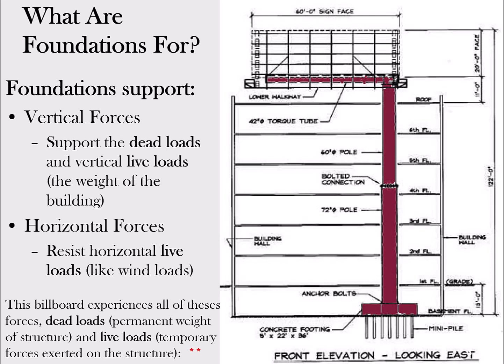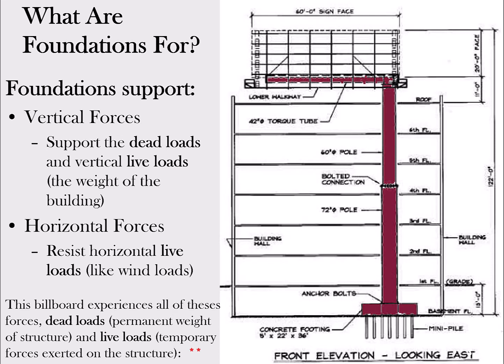So dead loads are the original material, anything that's attached to the building or the structure. That's a dead load. A live load would be, well, us, if we're up on top of that sign on that platform up there, we're a live load, we're alive. It can also be birds flying up there, they're alive. But it doesn't have to be actually alive. It can be inanimate objects that are just temporary.